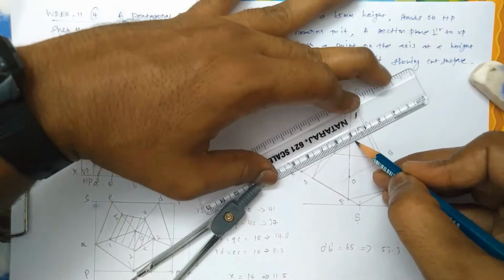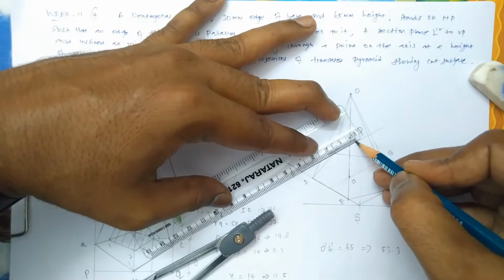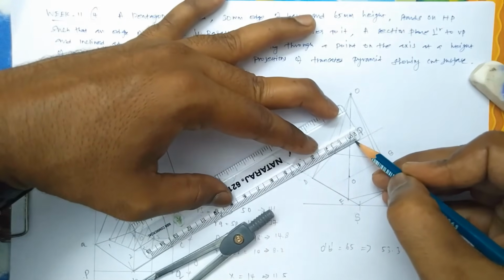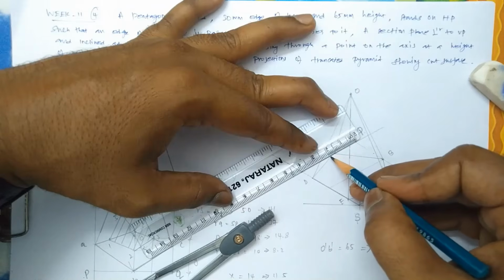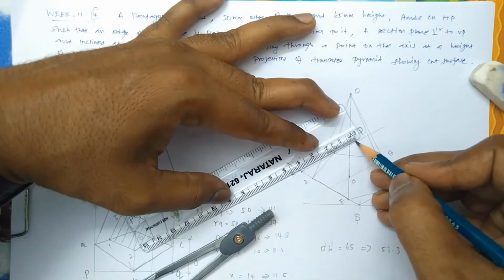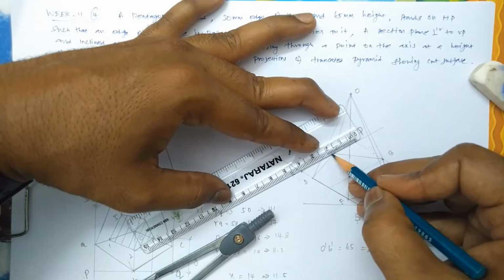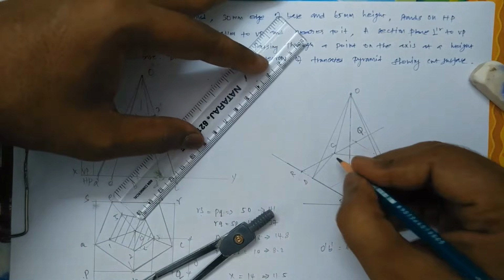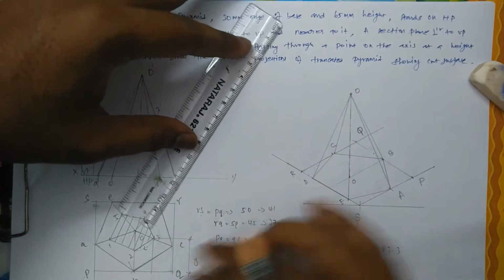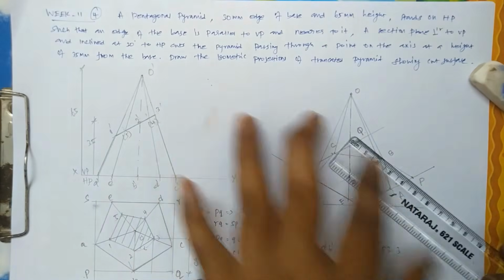So from Q I am marking now, from Q to R, it's Y, it is the foreshortened distance I am marking here, and I just draw a parallel line of QP.